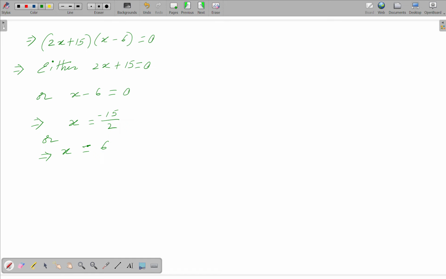Then x is equal to 6 is our required number.